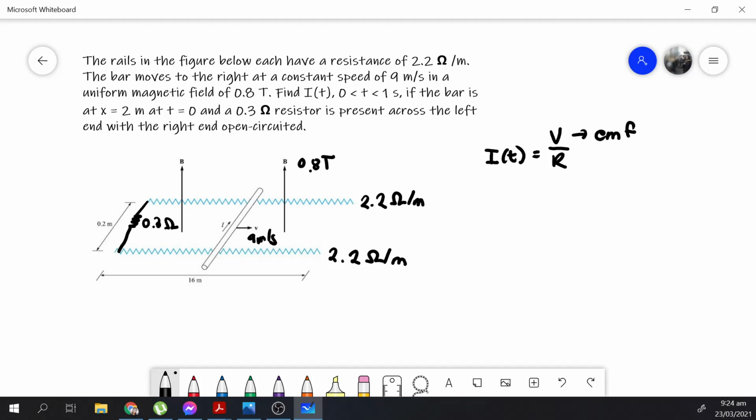Let us first find the function of your EMF. Based from Faraday's law, your EMF is simply equivalent to the negative derivative of the flux with respect to time. Therefore, we need to find the function of the flux.